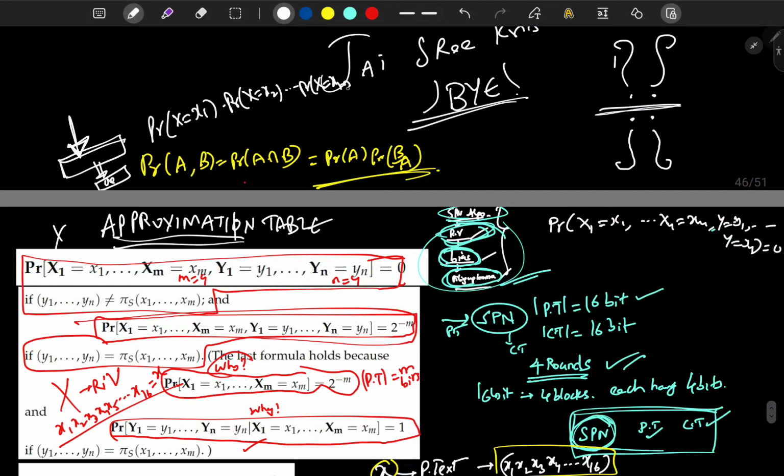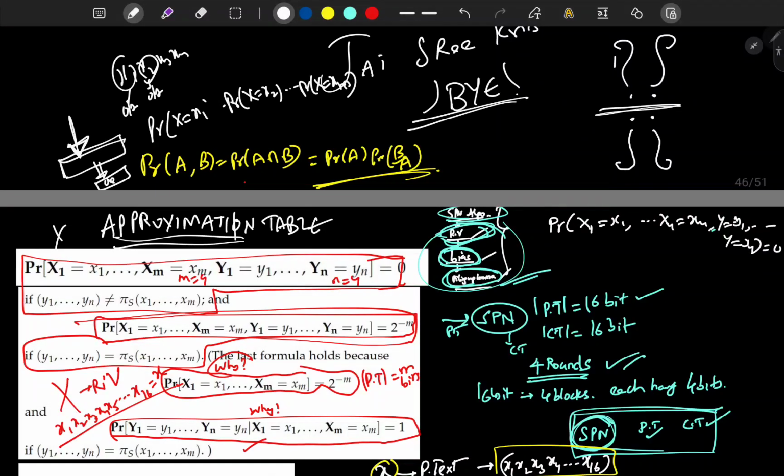xm. See here, these x1, x2, x3, x4 are bits. So x1 can be either 0 or 1, x2 can be 0 or 1. Suppose x1 equals 0, then what will be the probability of X equals 0? You will say 1 by 2, favorable outcomes by total number of outcomes.